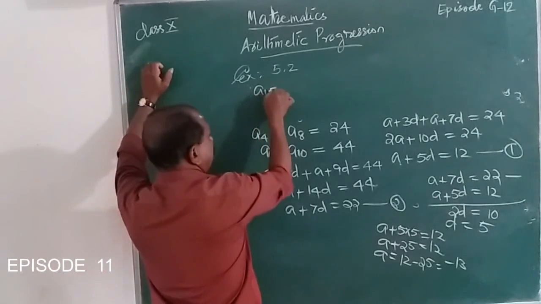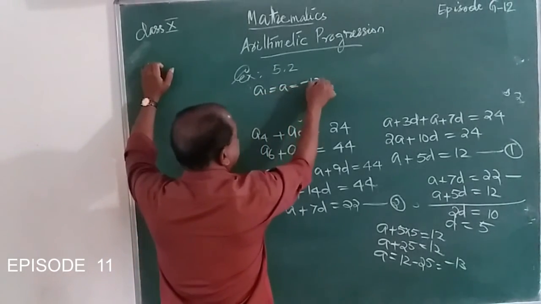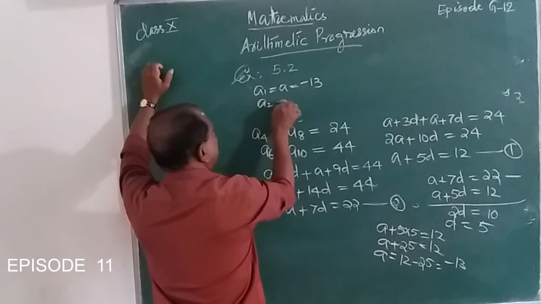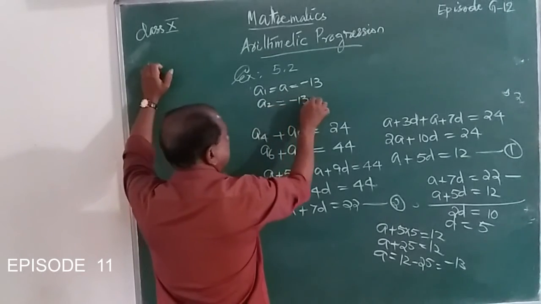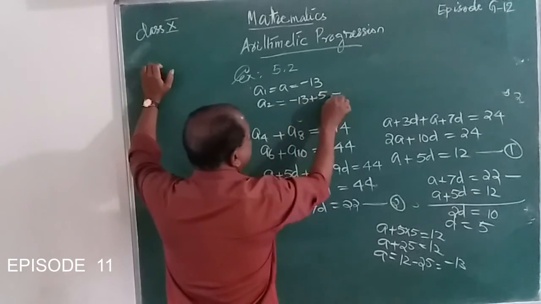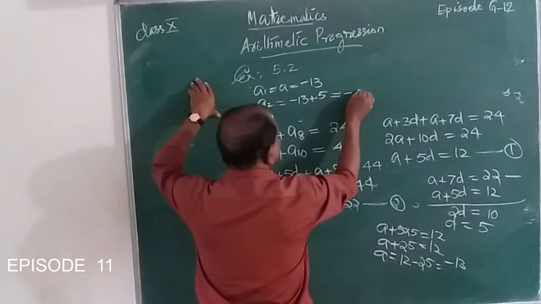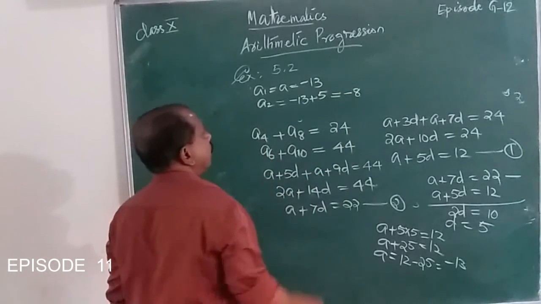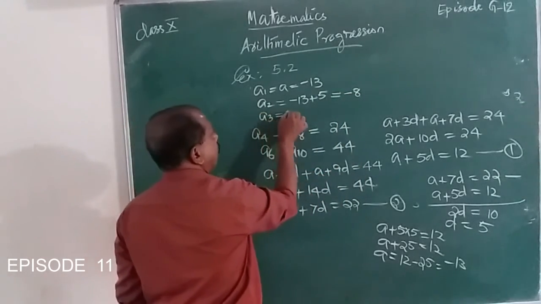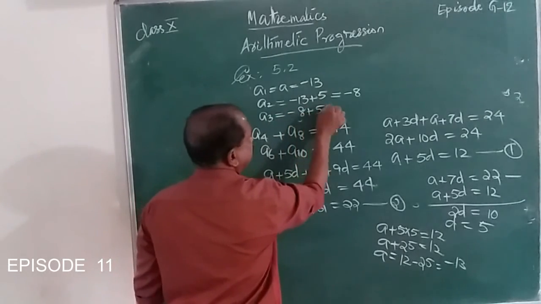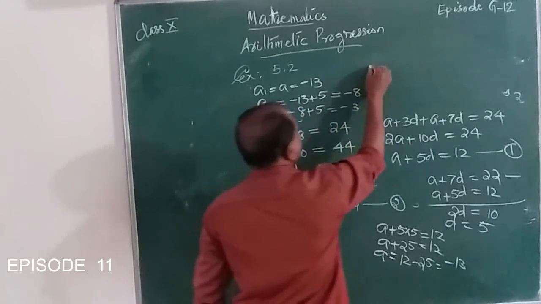Therefore, that progression is: A1 is equal to A, which is minus 13. A2 is equal to minus 13 plus 5, that is minus 8. A3 is equal to minus 8 plus 5, equal to minus 3.